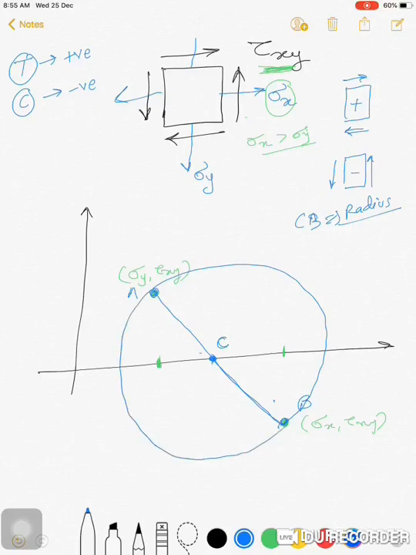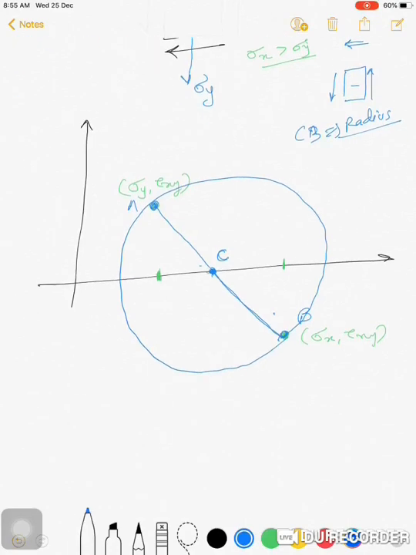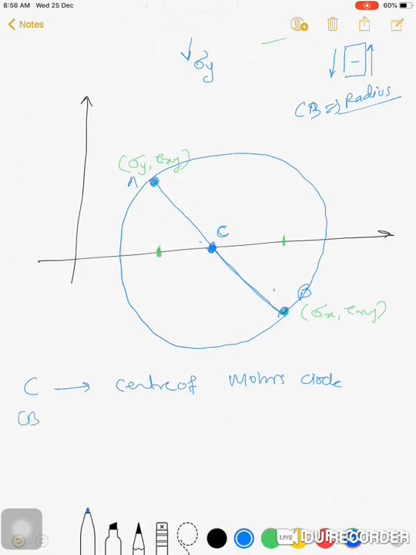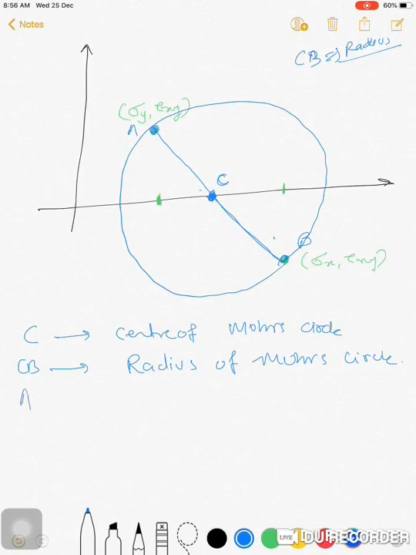Now we know that C will be the center of the Mohr circle, and CB will be the radius of the Mohr circle. Then we can derive the conclusions.